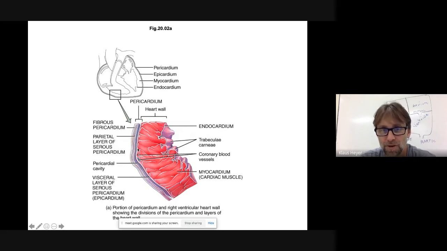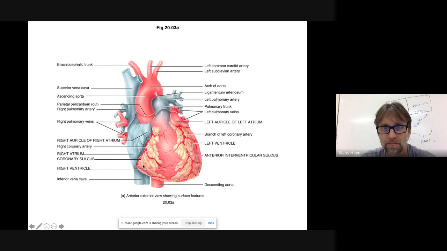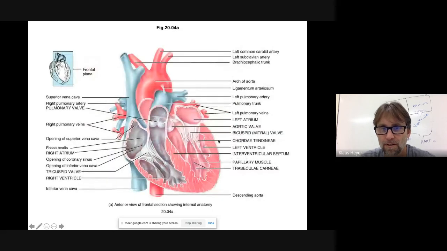So let me show it to you again on the heart. Right here, this white line that I'm tracing, that's endocardium. This is myocardium. And then this right here on the outside, epicardium. Epicardium, endocardium. Endo inside, epi out.